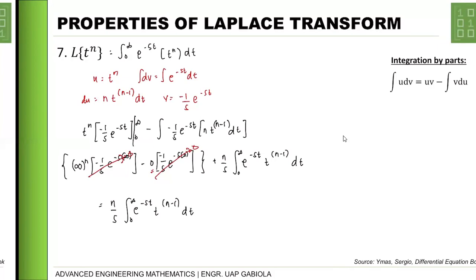Okay? So from here, makikita natin na may pwede tayong makuha sa kanyang property, no? Na dito, kapag ito, pwede natin itong i-change back dun sa ating Laplace form. We can change back sa n over s and then L transformation ng t^(n-1). Okay, do you agree? Kasi dahil ito yung nasa loob niya, no?